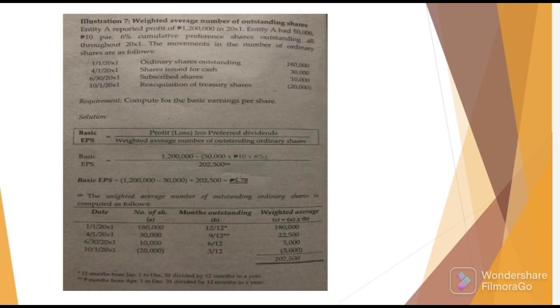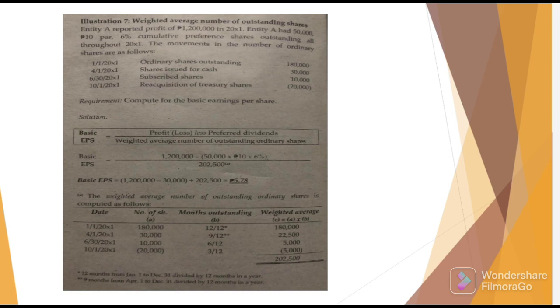For April 1, 2021, ang number of shares outstanding is 30,000. Ibig sabihin, 9 months from April 1 to December 31, i-divide mo siya sa 12 months kasi isang year outstanding yung shares. So, 30,000 times 9 divide 12 months is equals to 22,500.